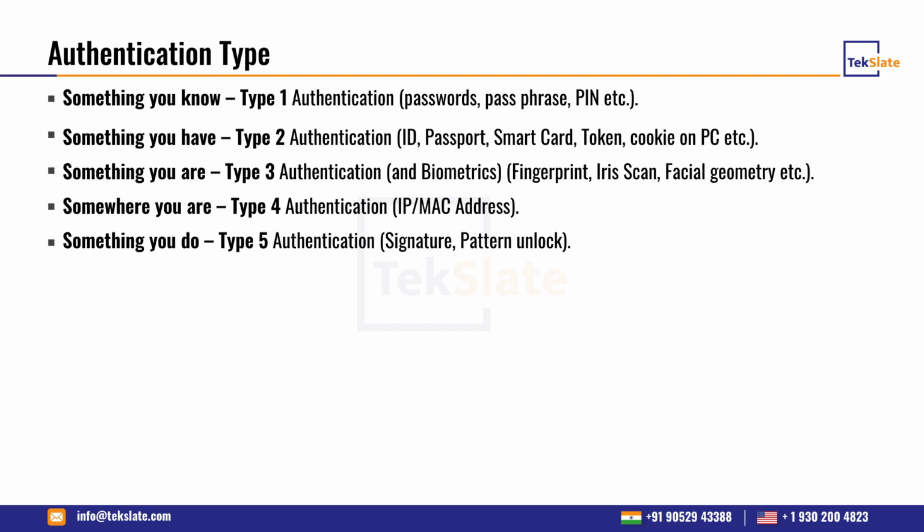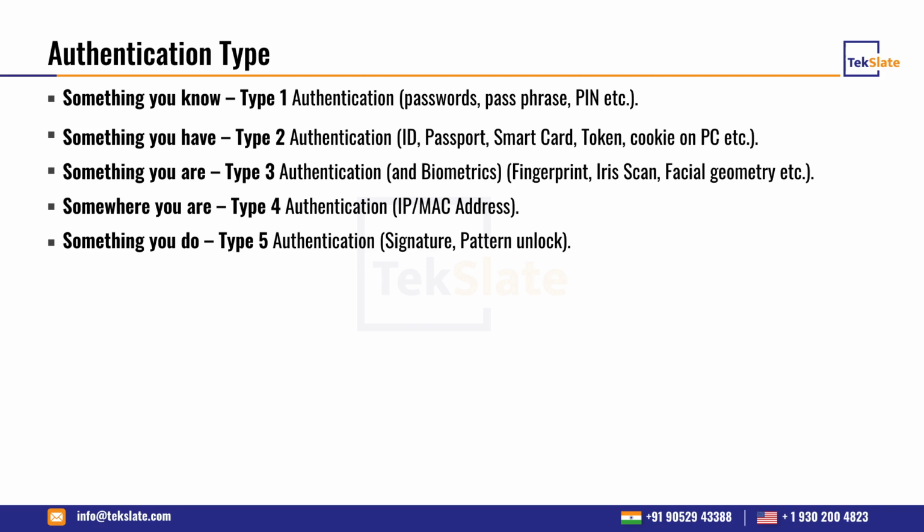In type 1, it is something in your mind. In type 2, it is something you keep with you, not in your mind, like an ID, smart card, token, or cookie on PCs, etc. These are type 2.